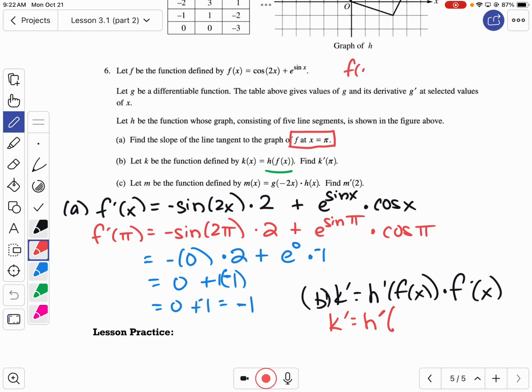So f at pi is going to equal the cosine of 2 pi plus e to the sine at pi. So cosine of 2 pi would be 1. And then e to the 0 would be 1, so we get 2. And then f prime at pi we just did, which is -1. So that's why it's important that we got that one right.